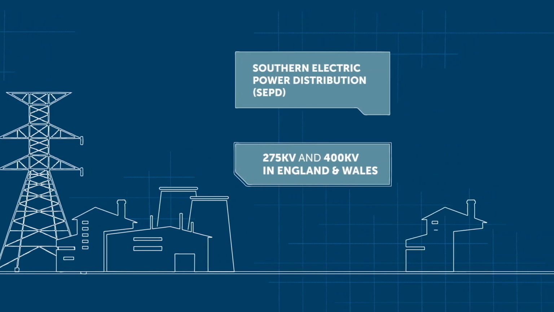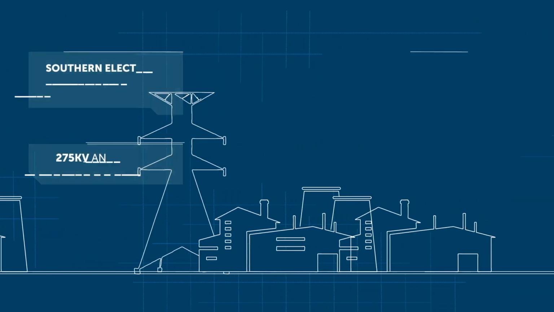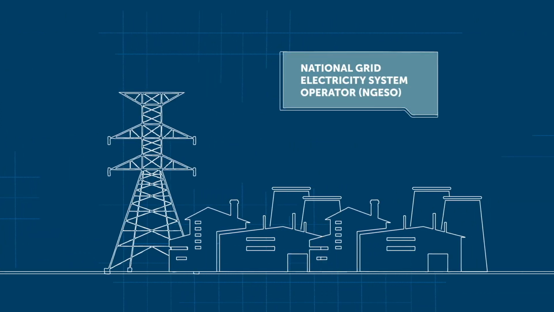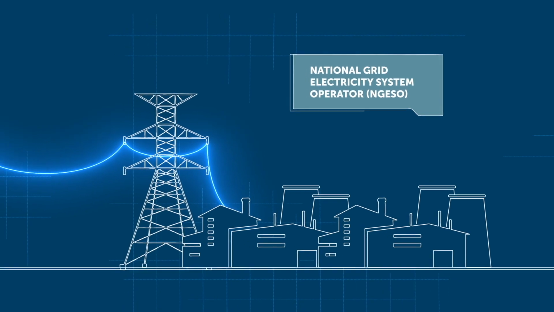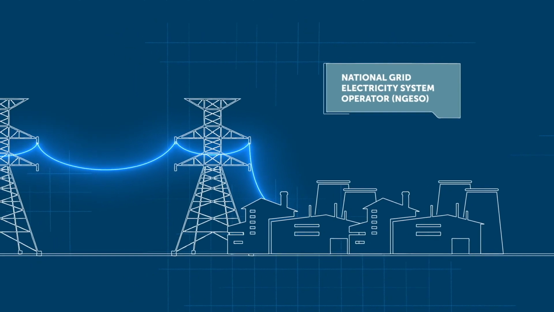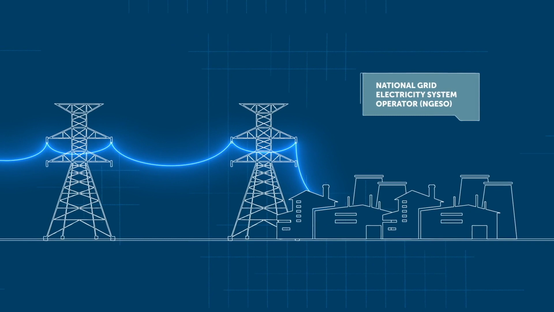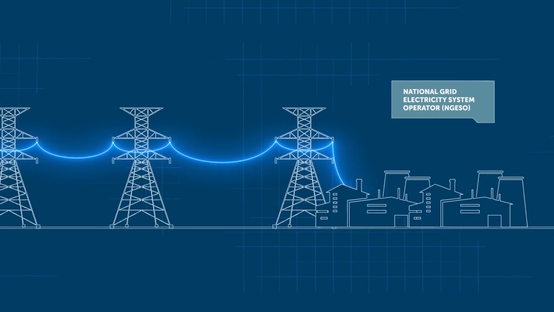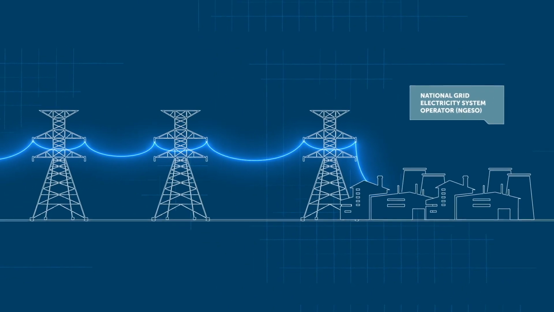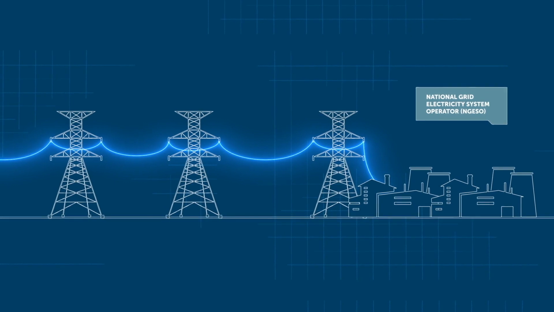The role of National Grid Electricity System Operator, NGESO, is to move electricity around the country second by second to ensure that the right amount of electricity is where it's needed, when it's needed, always keeping supply and demand in perfect balance. In Northern Ireland Electricity maintain and operate both the transmission and distribution networks.